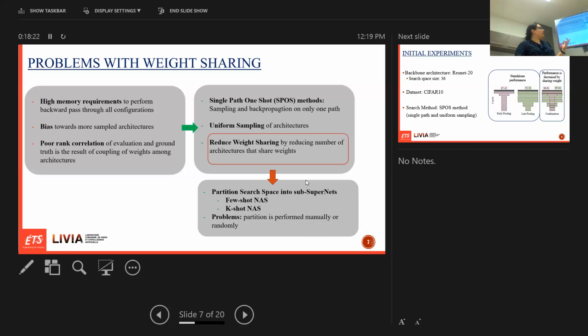This can basically be solved by reducing the amount of weight sharing. So instead of, for example, sharing the weights in the whole space, we can have subspaces where they share the weights, so the degree of weight sharing is reduced.